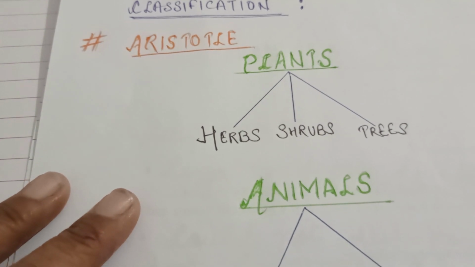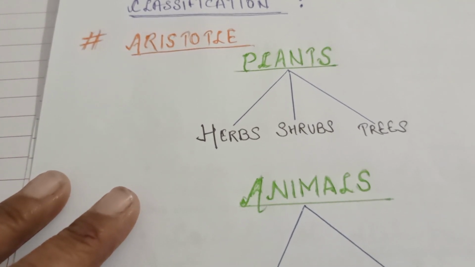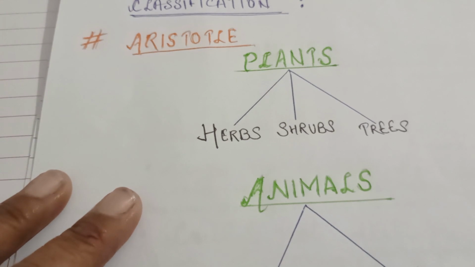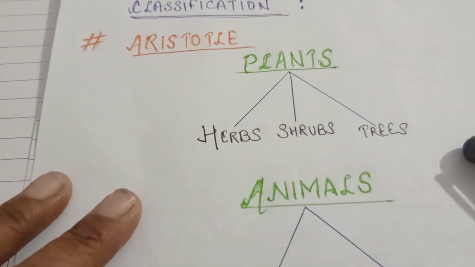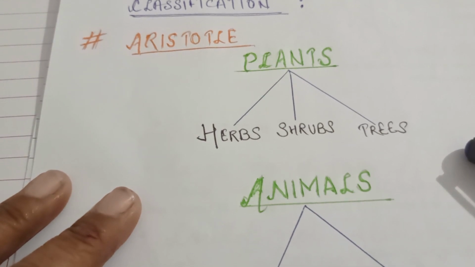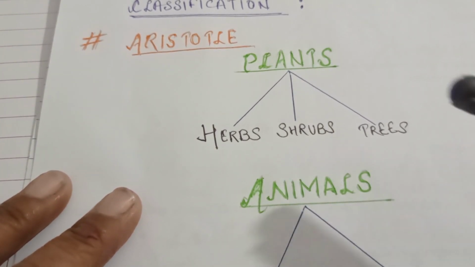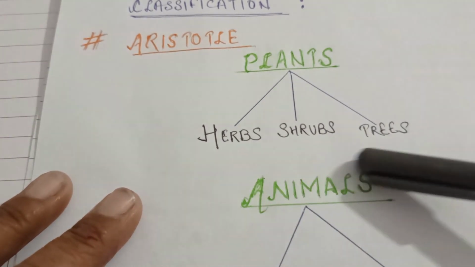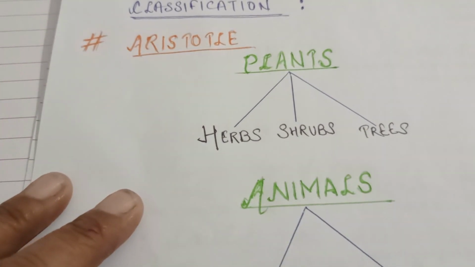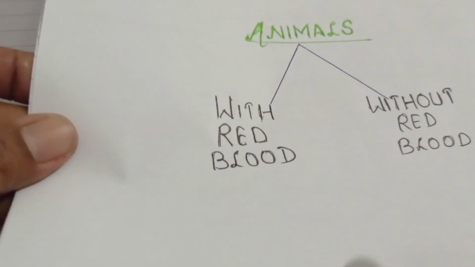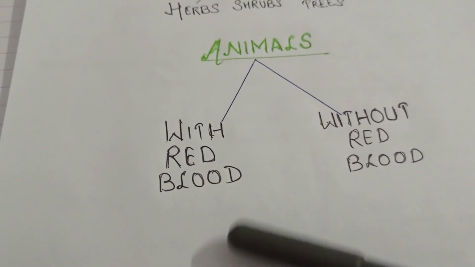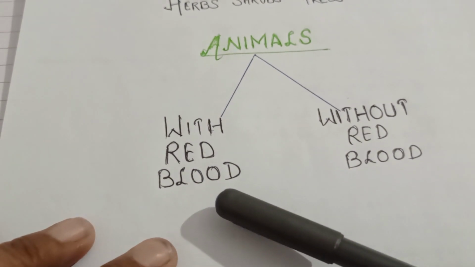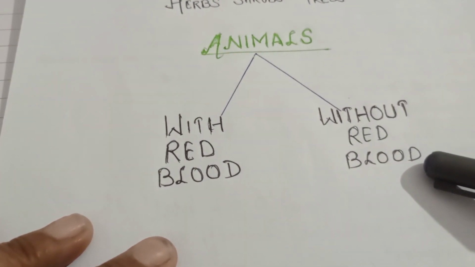Among them, he classified plants simply as herbs, shrubs and trees. You have studied about them in earlier classes. And animals he classified simply as those with red blood and others without red blood.